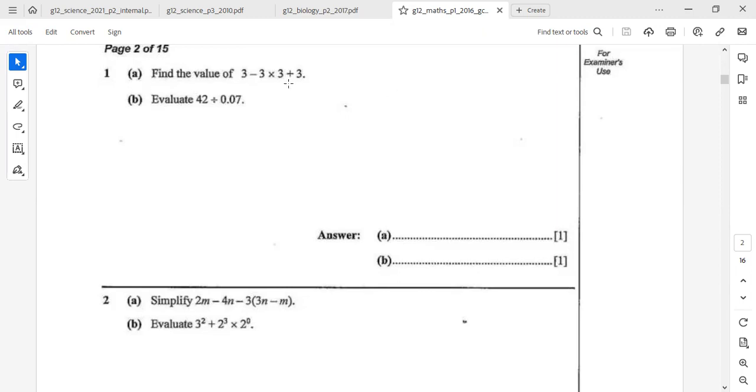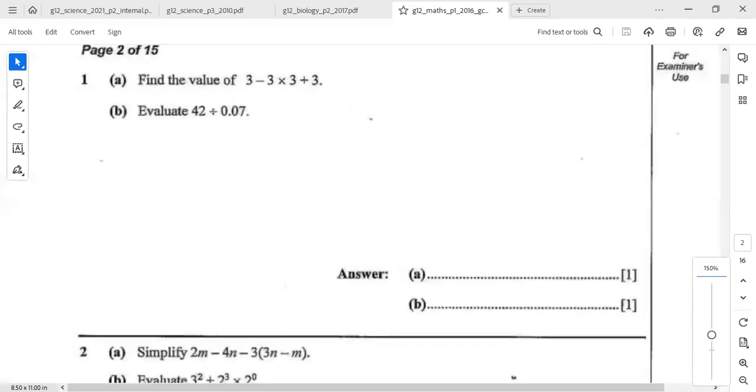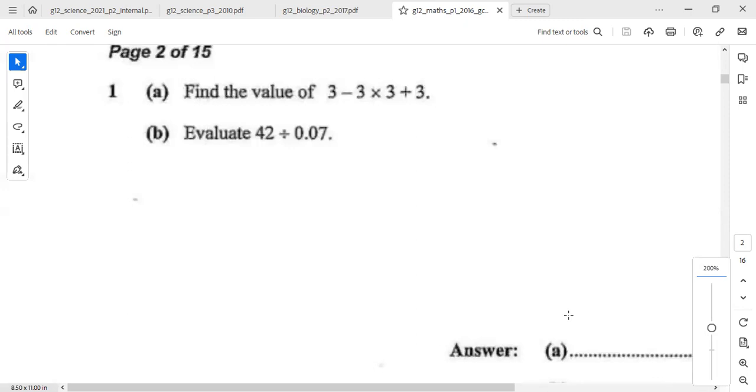So find the value of 3 minus 3 times 3 plus 3. Now, what we are using here is BODMAS. That's the first thing that we shall use here. If we're looking at BODMAS, the first thing that we must always look at are brackets.